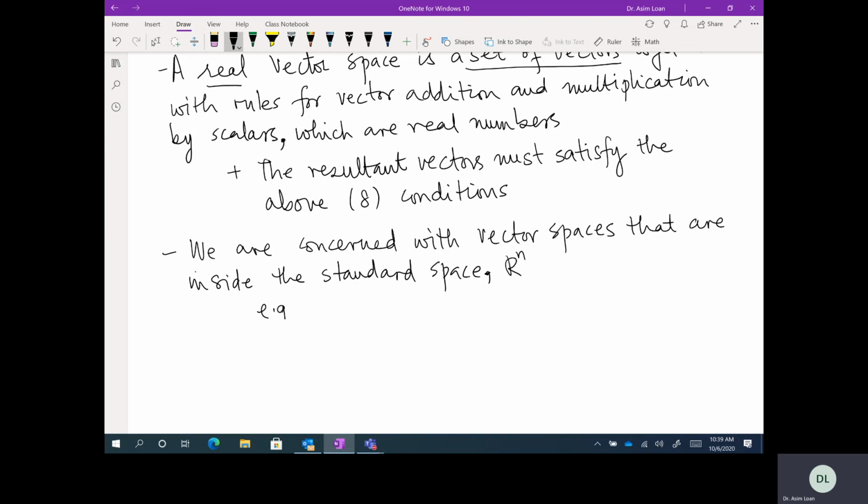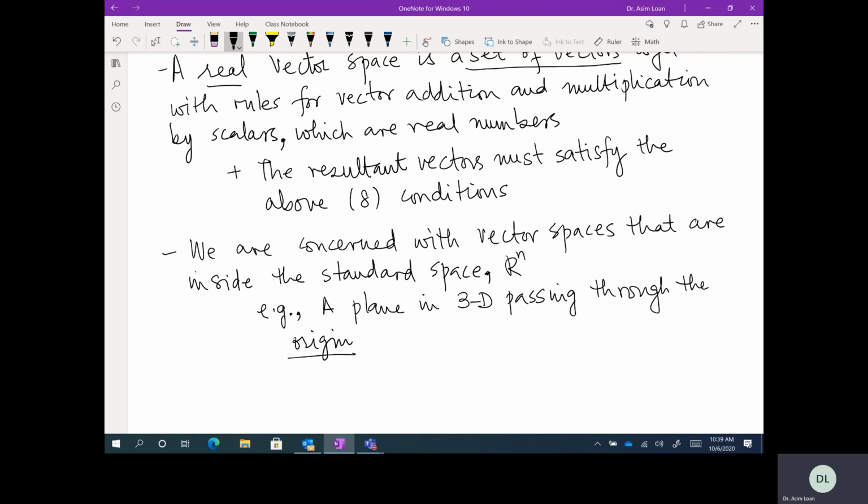For example, a plane in 3 dimensions, a plane in 3D passing through the origin. The origin always has to be included in the vector space, because C can always be taken as 0.